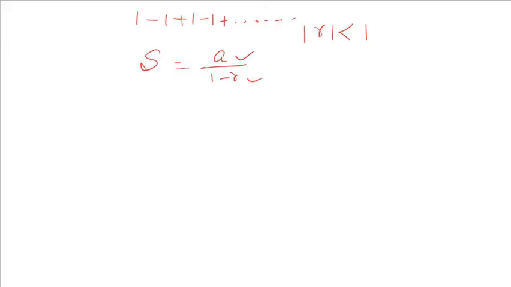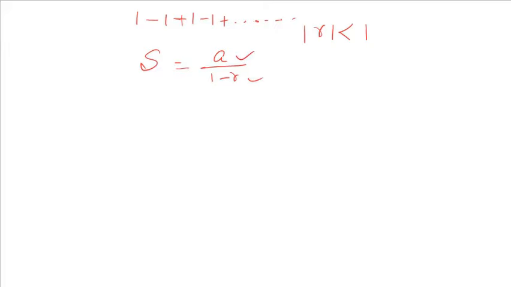By the help of the geometric series, the series is 1 minus 1 plus 1 minus 1 and so on. The geometric series says that if the modulus of the common ratio is less than 1, the sum of the series is a upon 1 minus r, where a is the first term and r is the common ratio.